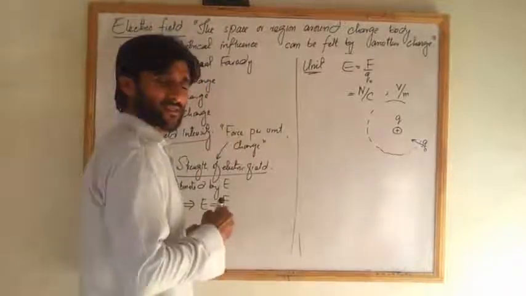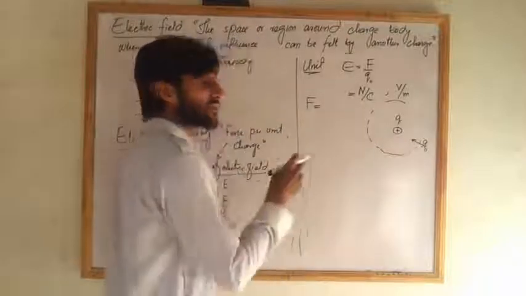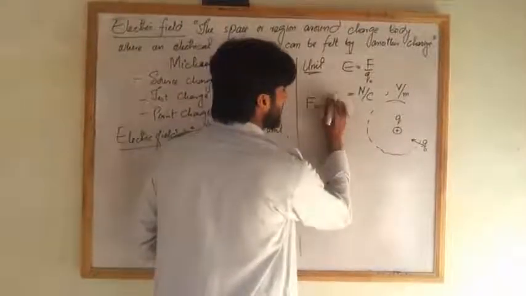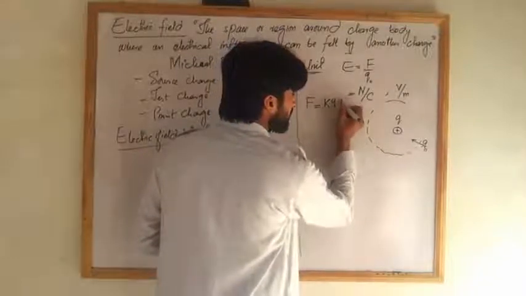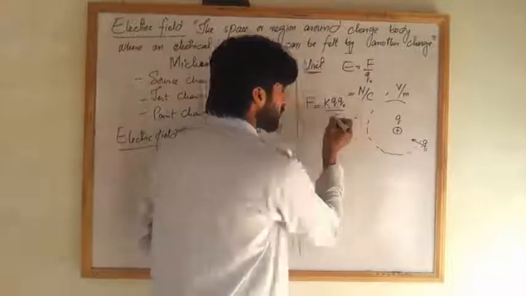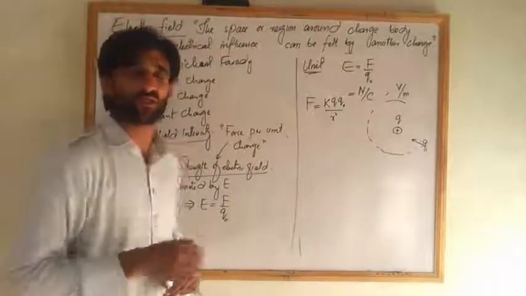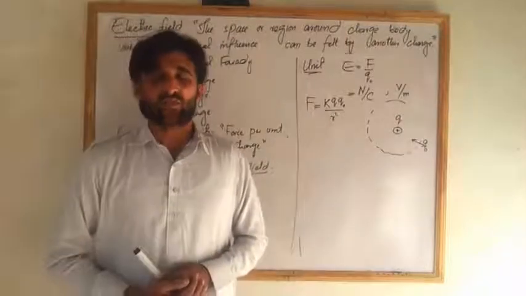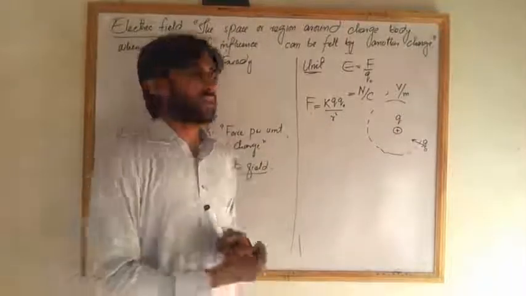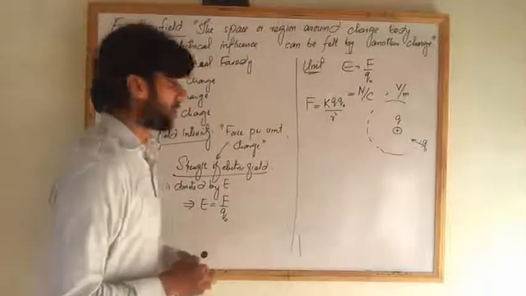So I can write, according to the Coulombic force, because one charge is Q and another charge is Q naught, the formula is F equals K Q1 Q2 over R square. I already told you that Q1 is the first charge and Q2 is the second charge. Now both charges are here in the form of Q and Q naught, so I have put them in.